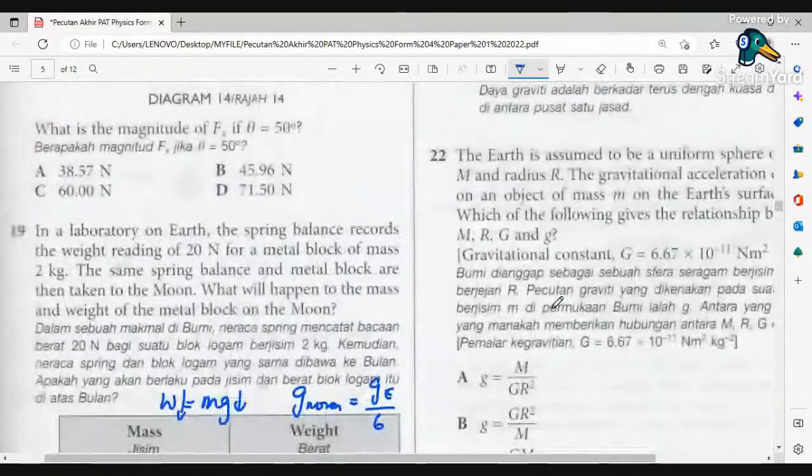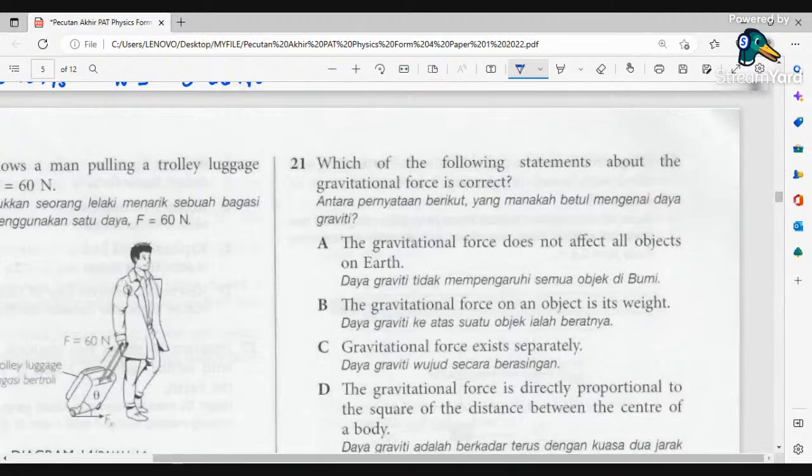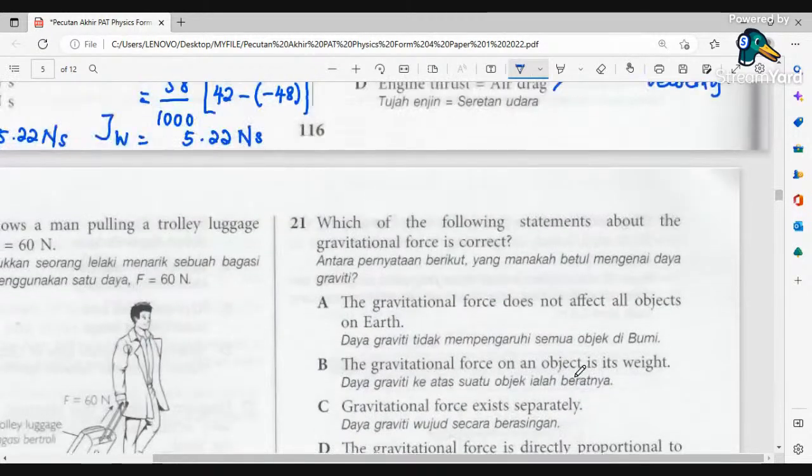Okay, number 21. Which of the following statements about gravitational force is correct? We actually have two formulas for gravitational force. The basic one is weight, mg.